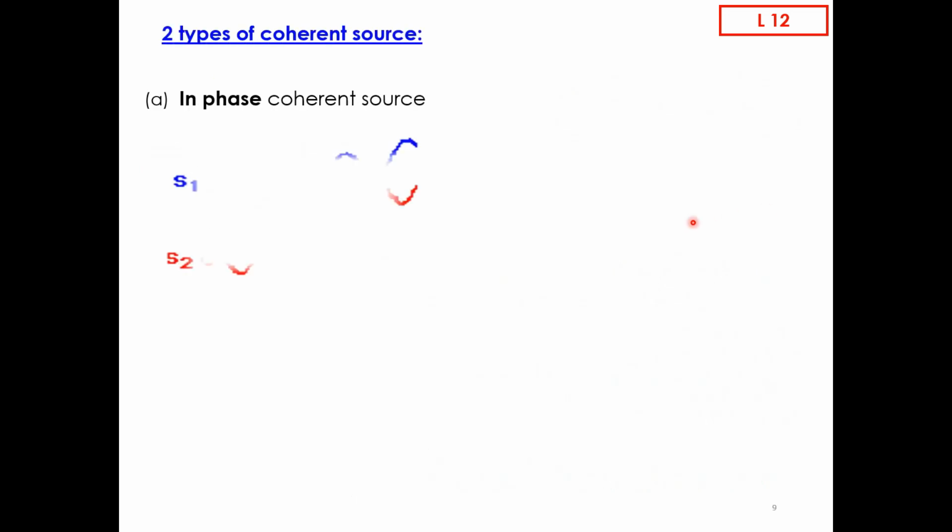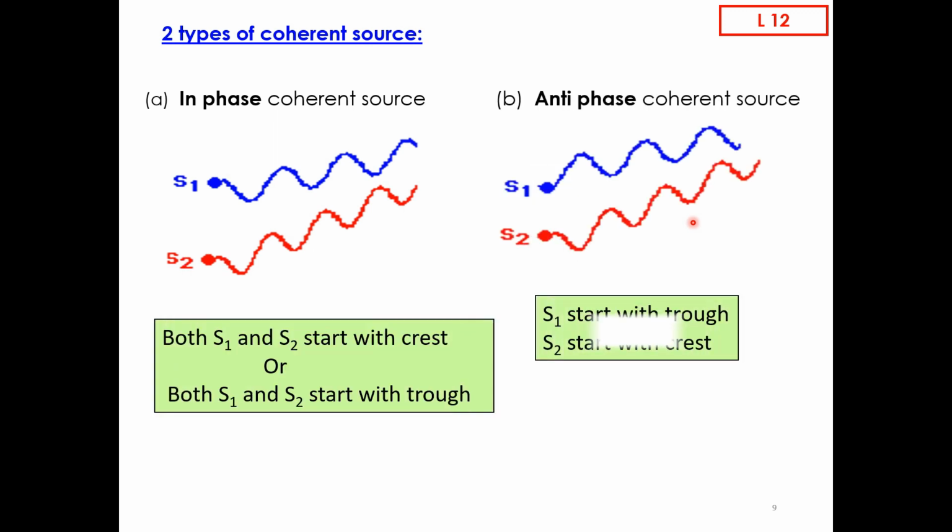Next slide. Two types of coherent source. A, in-phase coherent source. Look at S1 and S2: both start with the crest.